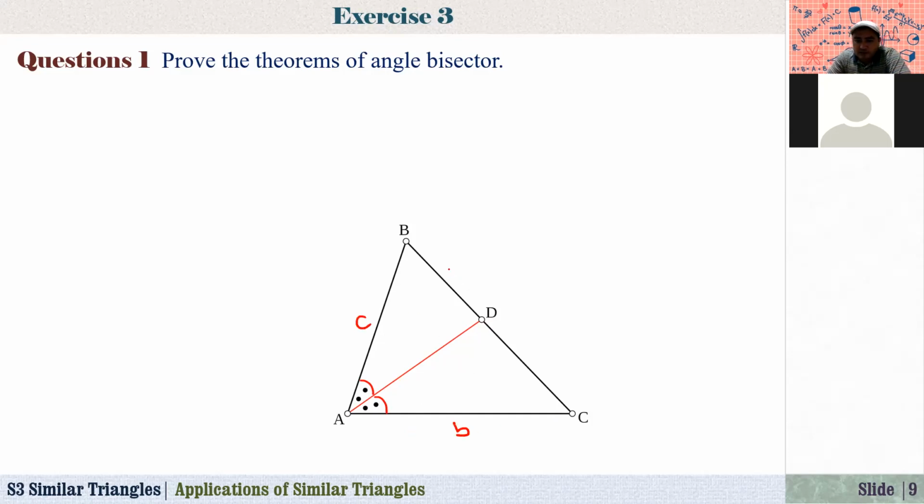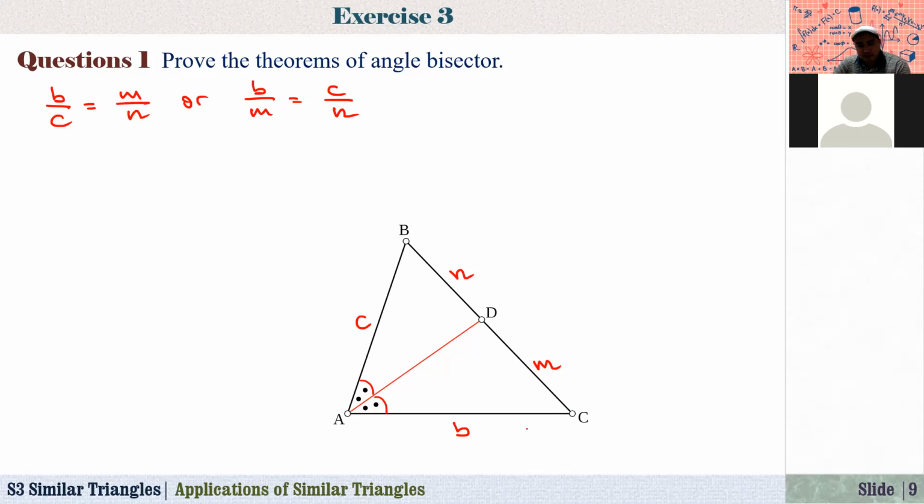Let's say DC is equal to m, and BD is equal to n. The angle bisector theorem says that b over c is equal to m over n, or equivalently, b over m is equal to c over n. So that is the angle bisector theorem.